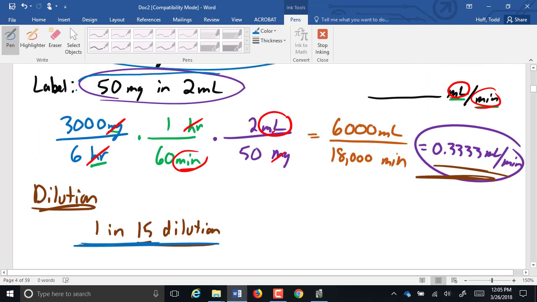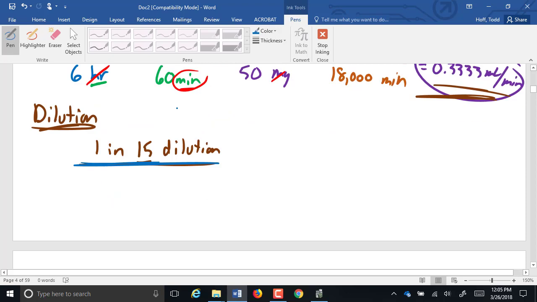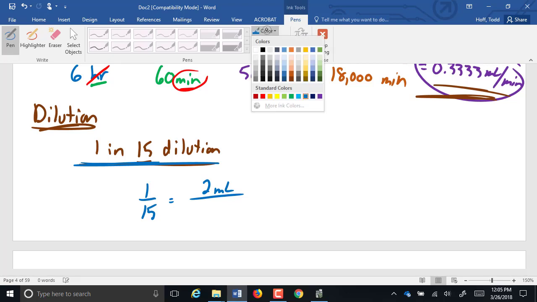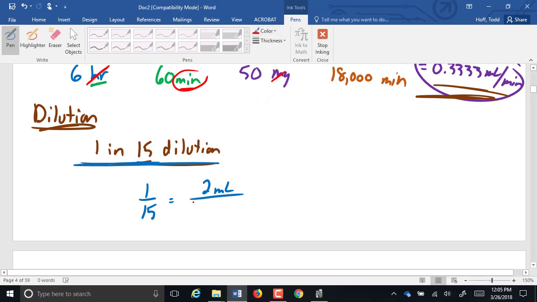Right now, this is 50 milligrams in 2 milliliters. If I adjust this with a 1 in 15 dilution, that 2 milliliters changes. The 2 milliliters was before the dilution. I cross multiply and divide. It's now 30 milliliters.